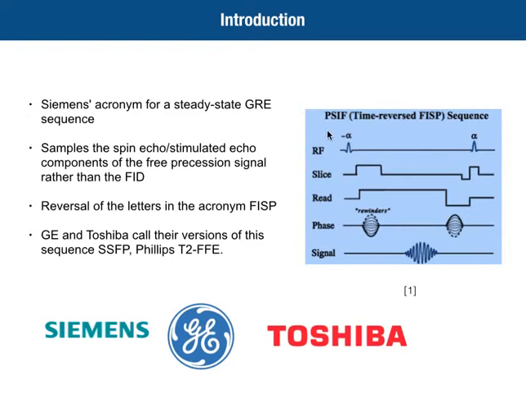Once PSIF was introduced, they didn't name it differently, but they just thought that since PSIF is the mirror image in the time domain of FISP, they could just reverse the abbreviation and use it for naming another pulse sequence. So the abbreviation itself doesn't have any meaning, but it's the reverse form of FISP.